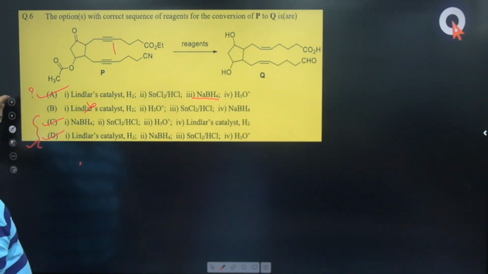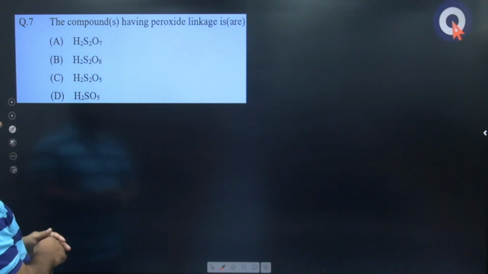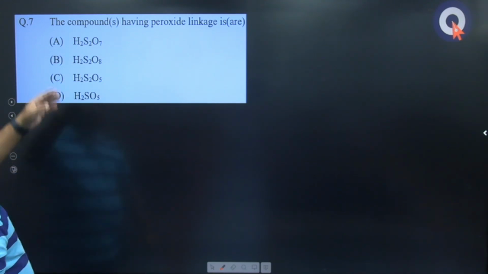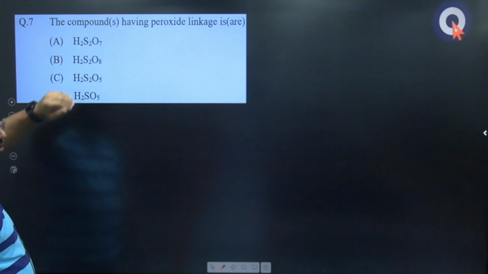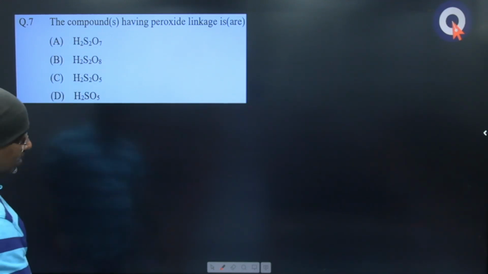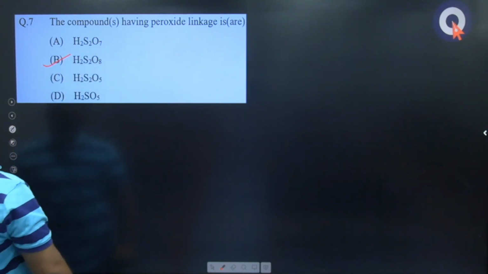Next. This is the easiest. Peroxide linkage exists. So H2S2O7 is called pyrosulfuric acid. H2S2O8 is called peroxydisulfuric acid. So this will have a peroxy bond.